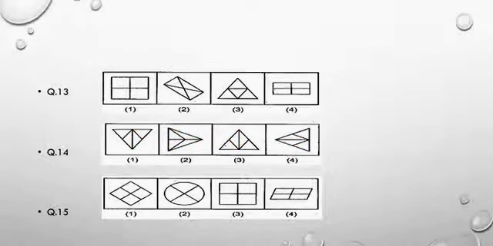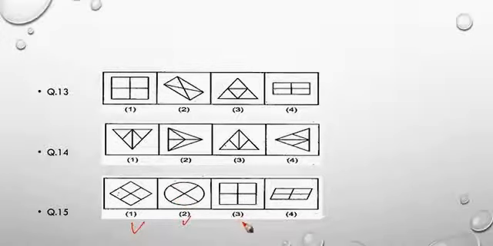In question number 15, there are four problem figures given. In problem figure 1, there is a rectangle shape which is divided into four equal parts with the help of two lines intersecting each other. In the second problem figure also, a circle is divided into four equal parts with the help of two lines intersecting each other.